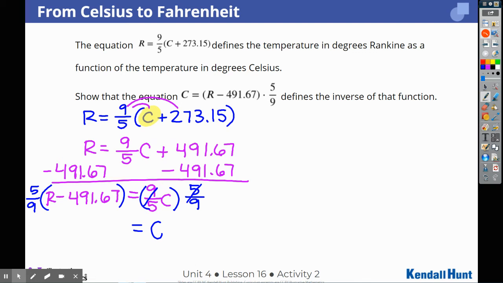We can leave that looking like a distributive property: 5/9 times R minus 491.67. That shows we have to do the subtraction, R minus 491.67, and then multiply by 5/9. If you look at what they had up here, they have R minus 491.67, doing that subtraction, and then multiplying it by 5/9, which is the same thing that we have.